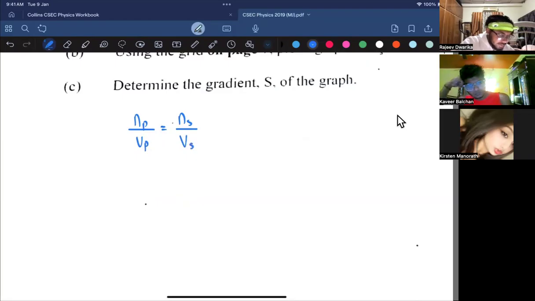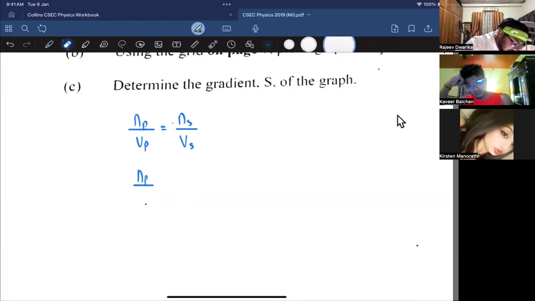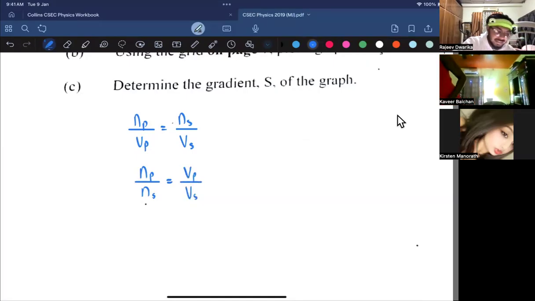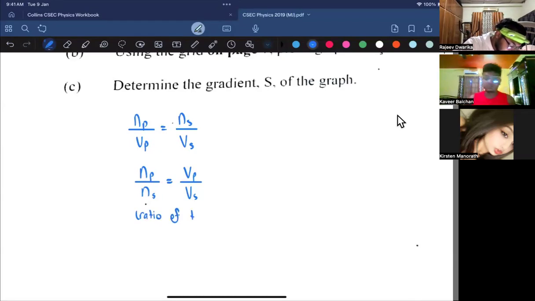So another way I could write this formula is NP over NS equals VP over VS. And this is the ratio of turns. This is how you find your ratio of turns. So you could probably take that down as an additional formula: NP over NS is equal to VP over VS.